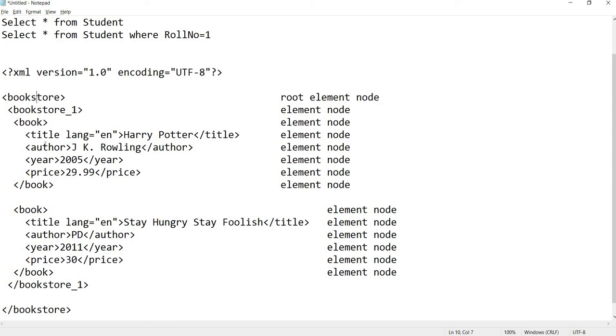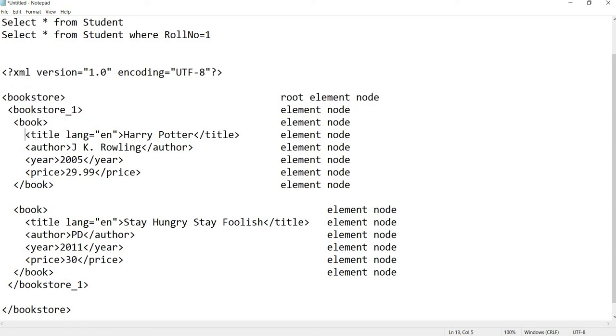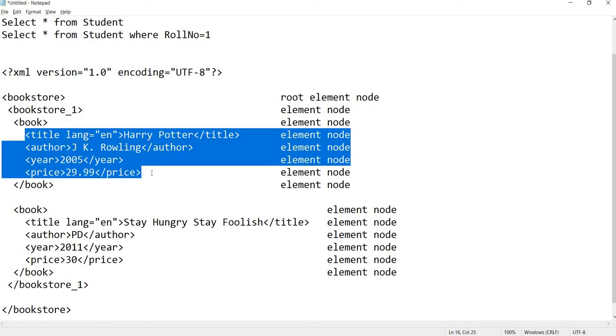But if I say ancestor, what does ancestor mean? The parent, parent's parent, parent's parent's parent, any level of parent. So ancestor does include the immediate parent as well as grandparents. So who would be ancestors for these four, title, author, year, price?